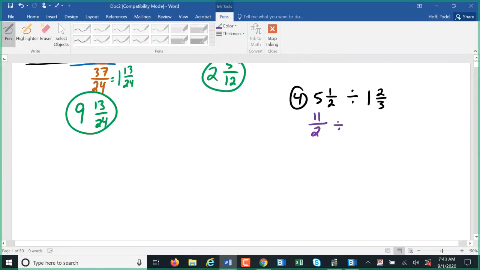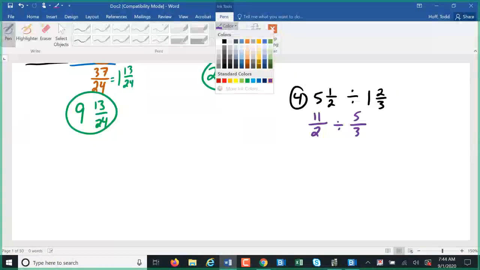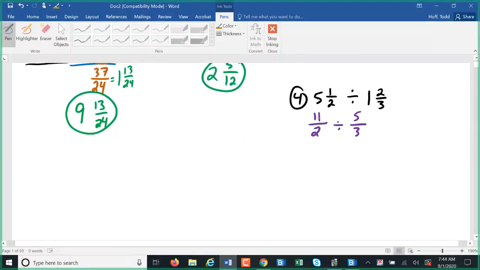Divided by 1 2/3 becomes how many thirds? 5. Oh. So now, remember the first fraction, the first number does not change. The division, the operation, always operates on the number that comes after it. So instead of dividing by 5/3, we change it to multiplying by 3/5.